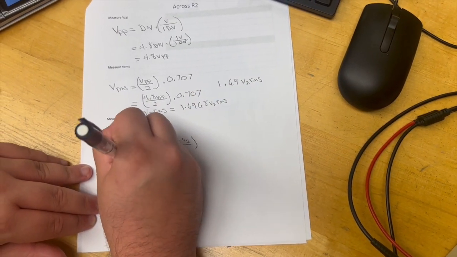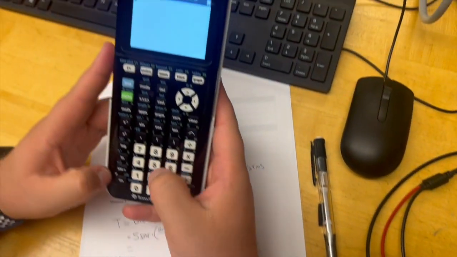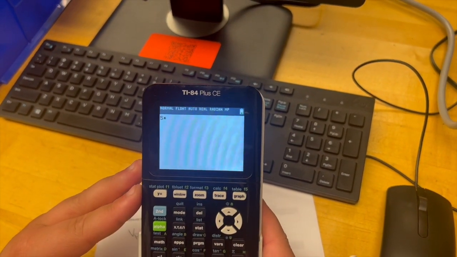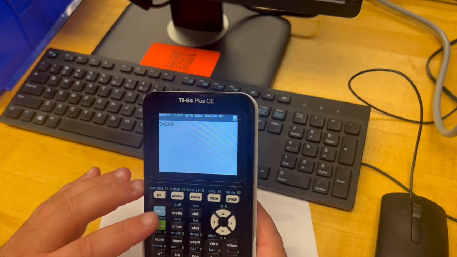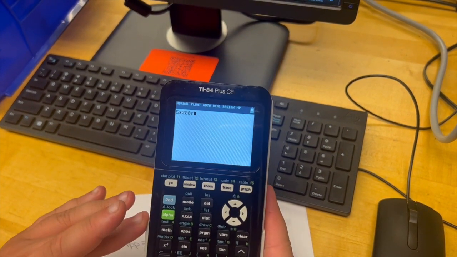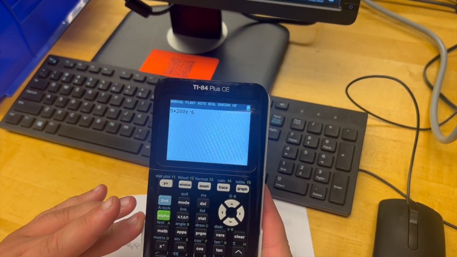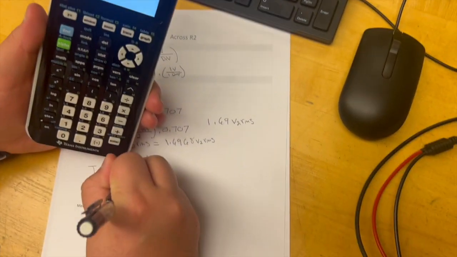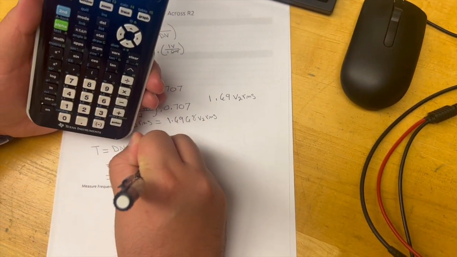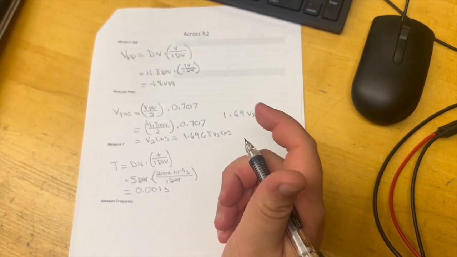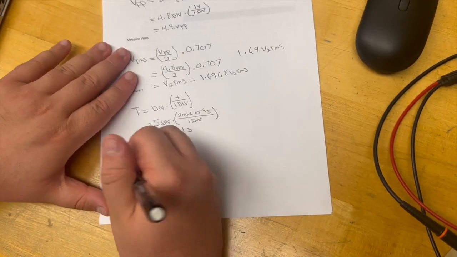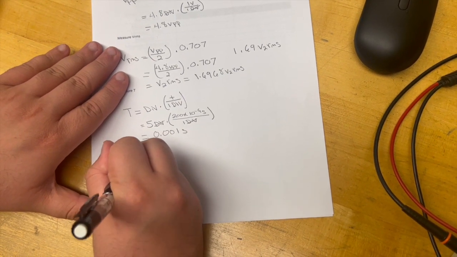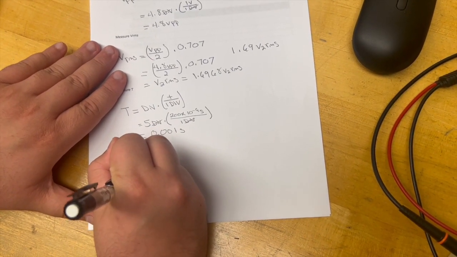And now we're gonna plug it right back into our calculator again. So 5 times 200 E to the negative 6 power. Gonna enter that, and that's gonna give us 0.001 seconds. And we're gonna go ahead and do our frequency. Like we talked before, our frequency formula is frequency equals 1 over time.